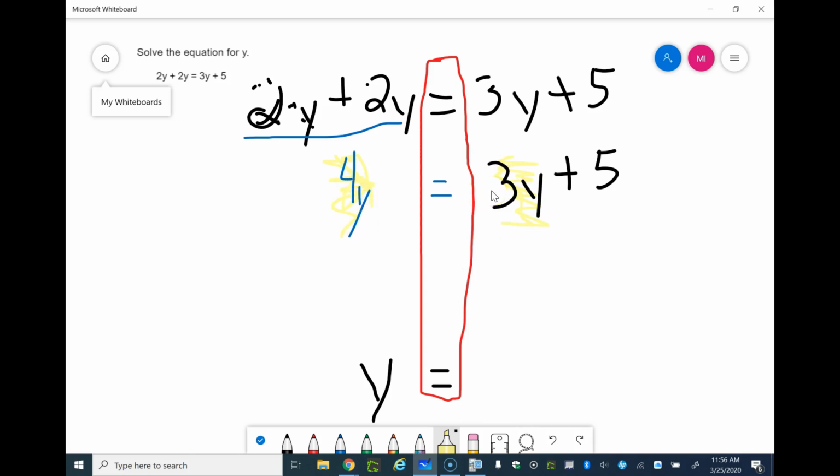In order to do that, you always have to do the opposite of what it's doing right now. Look at this problem. Because this 3y is positive, when I move it over, what is the opposite of positive? It's going to be subtraction.